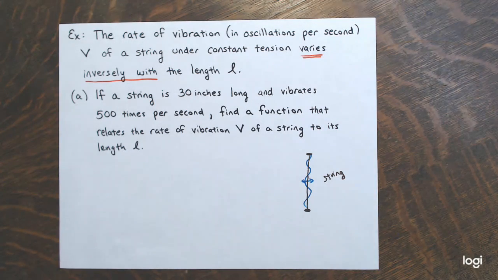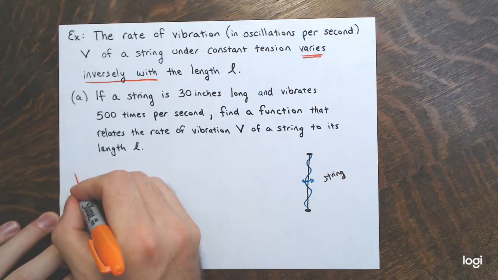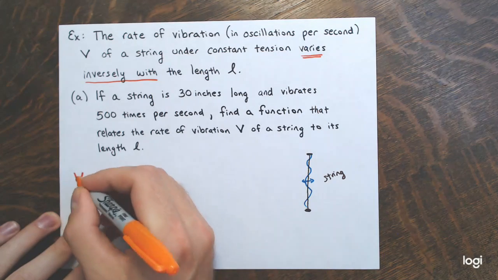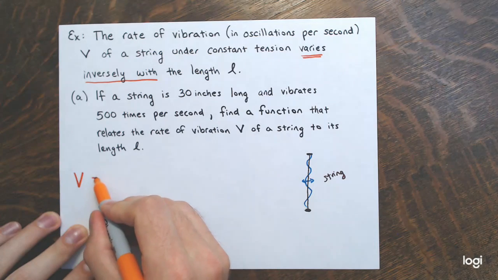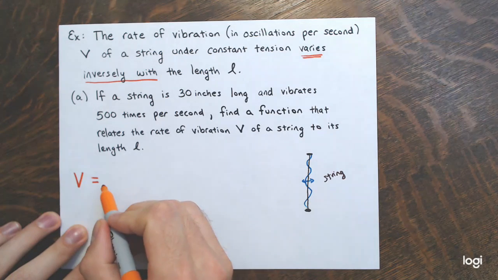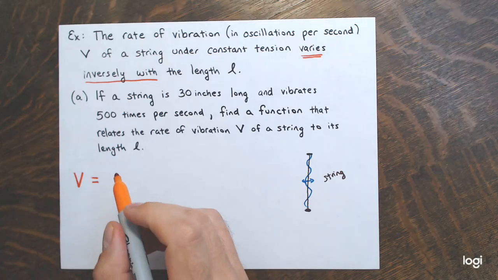So here's an equation that we know of right now. It's not complete because I don't know the value of k, but I know that the rate of vibration of the string varies inversely, or is inversely proportional, to the length.